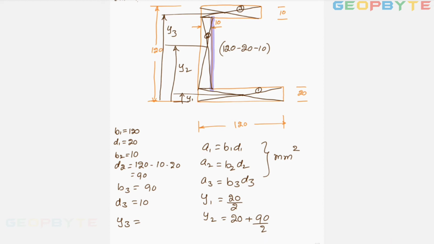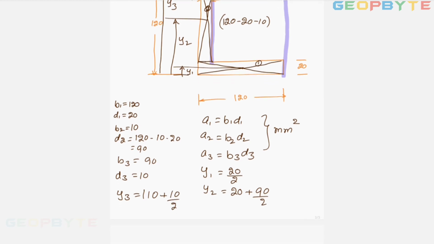This is 120 minus 10, 110. 110 is this much. I'll show it to you. So this is 110 mm up to here. This is 110 because 120 minus 10, 110 plus 10 by 2. So you got y1, y2, y3.